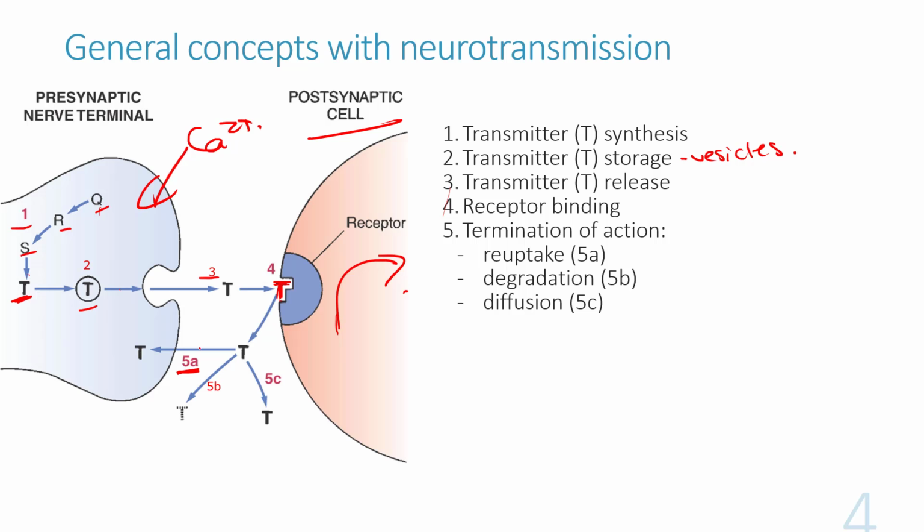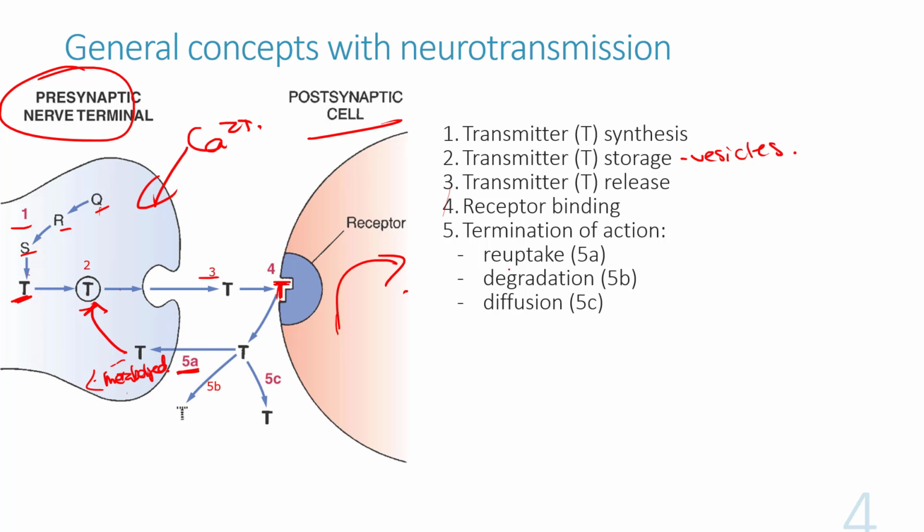First one is it can go back into the presynaptic nerve terminal, the terminal of the nerve that actually released it. And often when it's taken back into the nerve that released it, it can either be repackaged into those vesicles, or it can be degraded. It can be metabolized into inactive components, right?